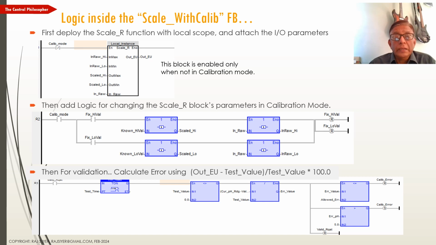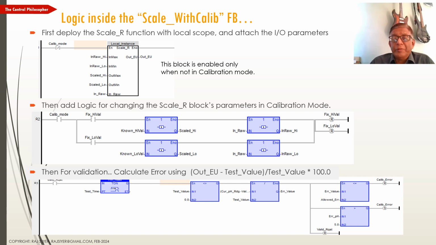And then we also give another rung which tests the calibration. There's a way of entering the value of a test signal, that is a known pH or a known temperature, and then validating the function. The timer in that rung is provided for giving a certain time for the signal to settle down, because the example that we'll be dealing with is a pH meter.